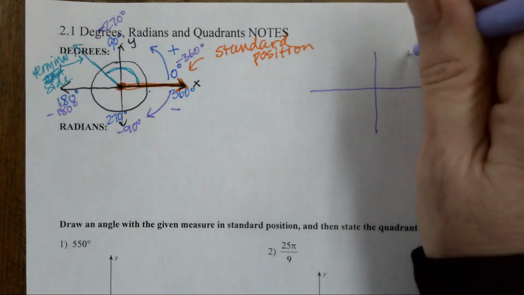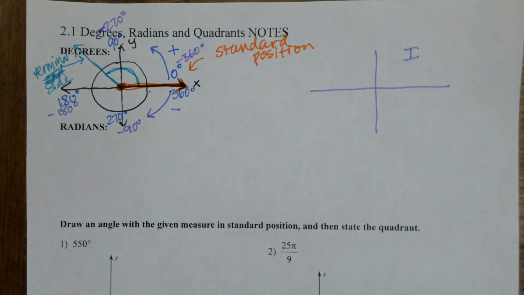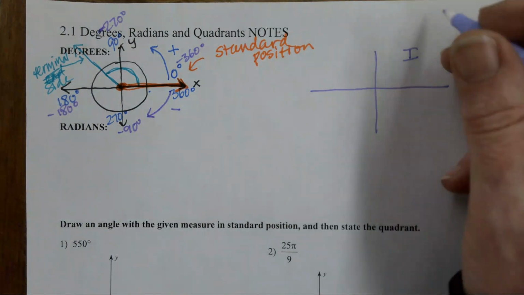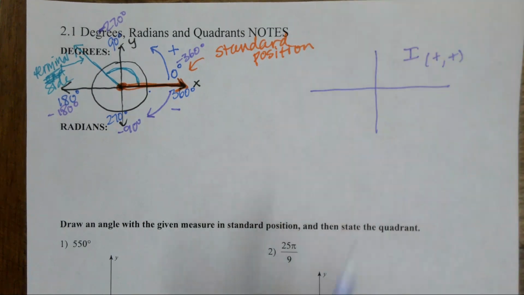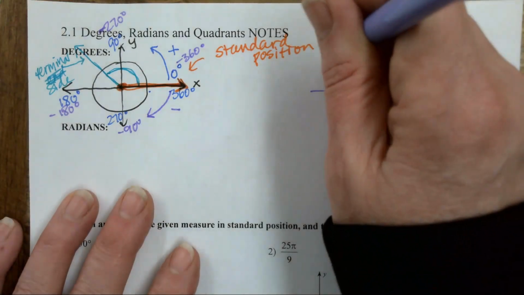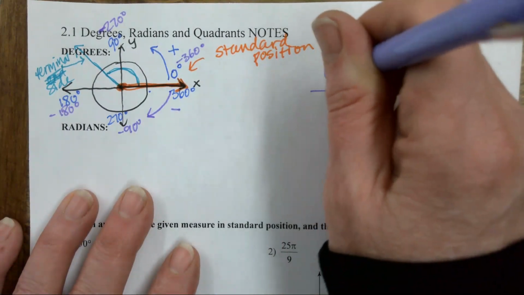So we talk a lot about quadrants. And what's important to know about the quadrants on a coordinate plane is what the signs of the coordinates would be in that quadrant. So in quadrant 1, I have all positive points. In quadrant 2, I have negative, positive points.